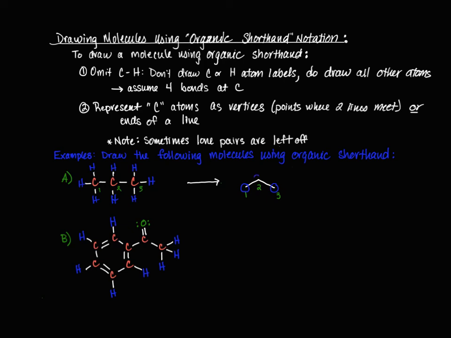We assume that carbon 2 has 2 hydrogens on it because it needs 2 additional hydrogens to get us to 4 bonds total around that carbon. Okay. So I'll just redraw here. The final structure here would just be something like this with a vertex connecting 2 lines.